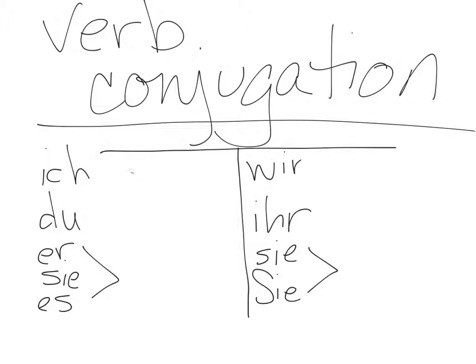Okay. So for ich, your verb ending is going to be an e. Okay, so whenever your main subject is ich, you will have your verb ending with an e. When your main subject is du, it's going to be an st ending. You're writing it on one of your verb charts, yeah. For sie, es, and man, you're going to have a t ending.